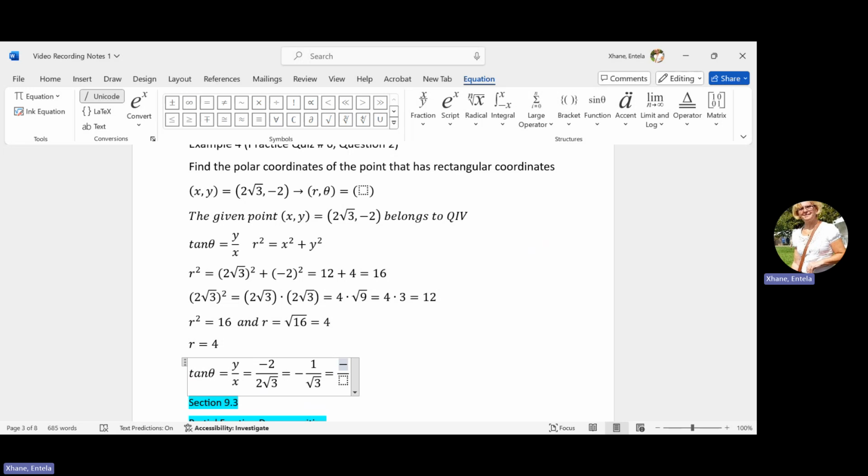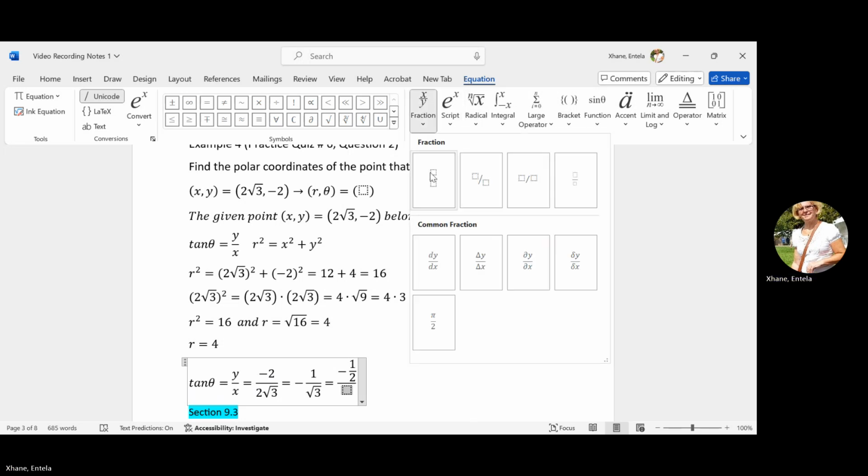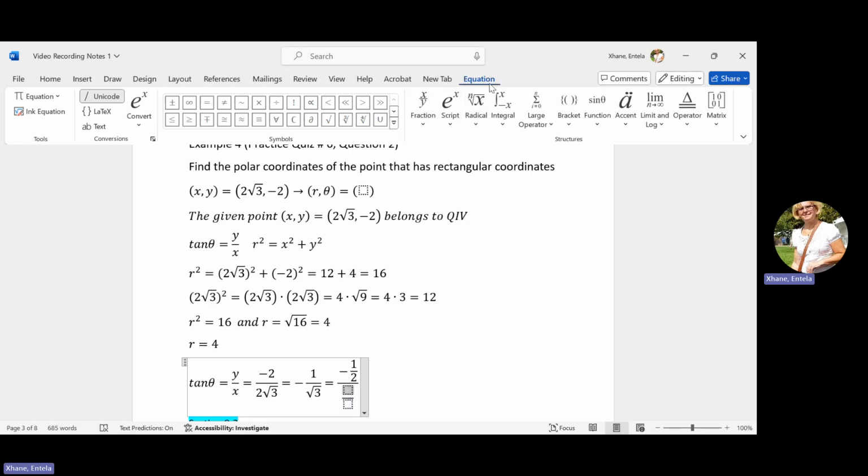Sine is the y coordinate. And then cosine to be positive. Now, what is the value of sine that is going to create the negative 1 at the top? That's going to be negative 1 over 2. And what is the value of cosine that is going to create the square root of 3? So this is where I get this idea. That is going to be root 3 over 2.